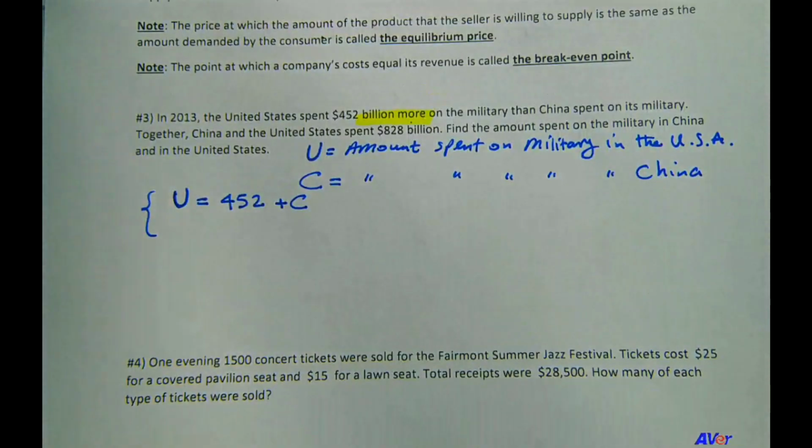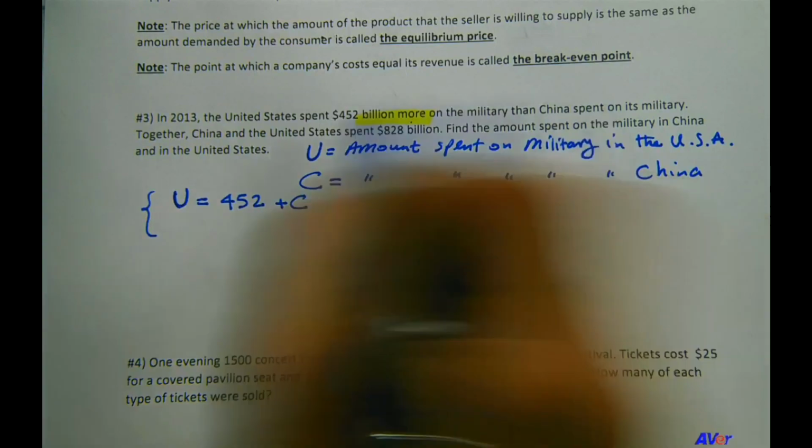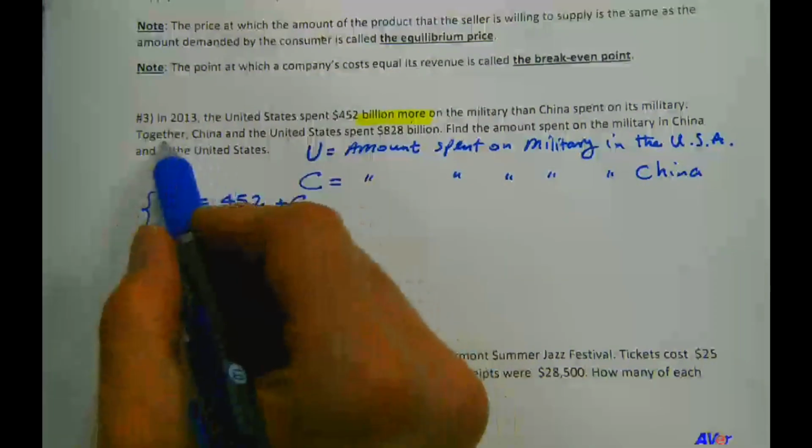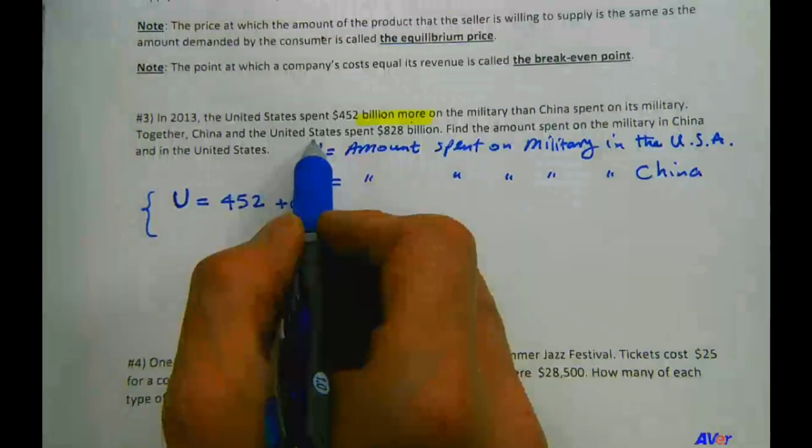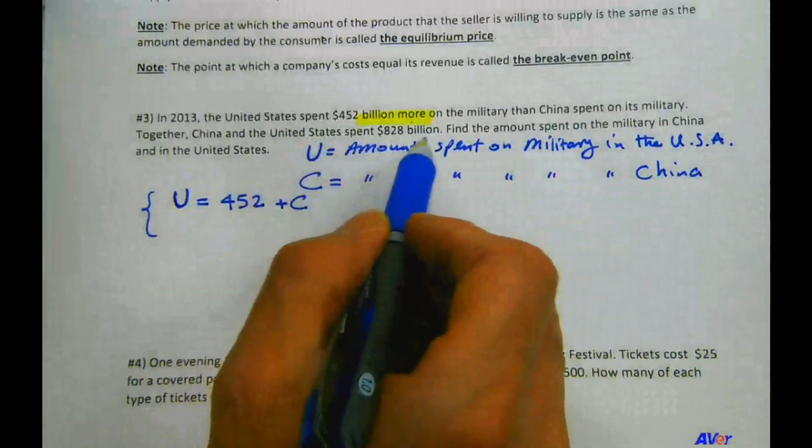Okay, we have two variables for which we're solving because they asked us to do that. So that means we're going to need two equations. Two variables, we're going to need two equations. Three variables, we're going to need three equations, and so on. Then it says, together, China and the United States have spent $828 billion.